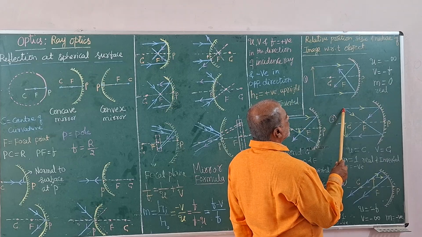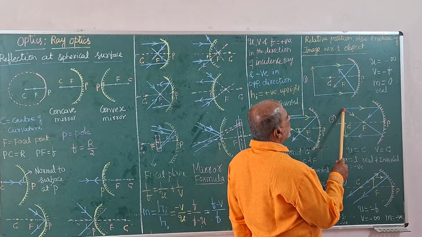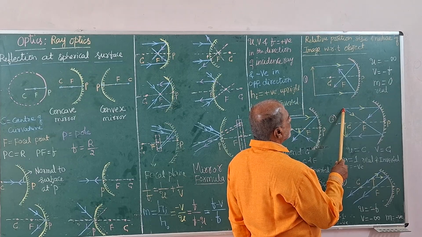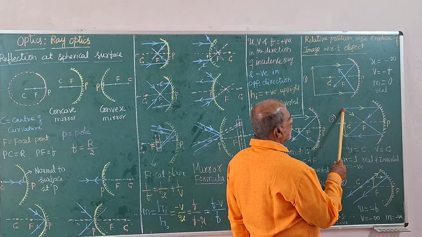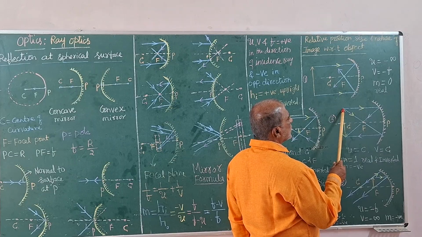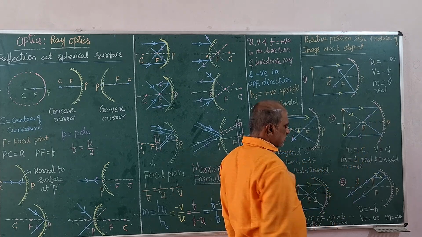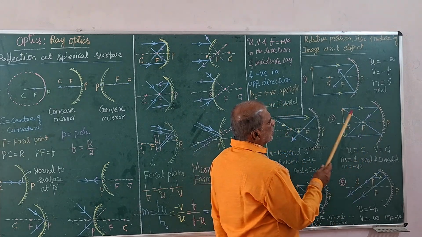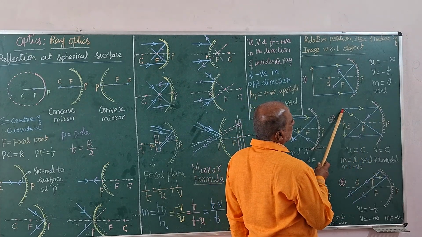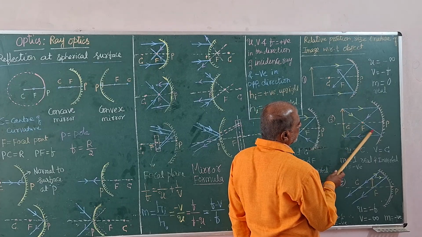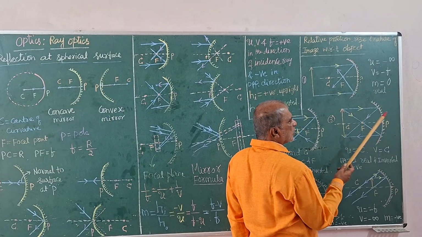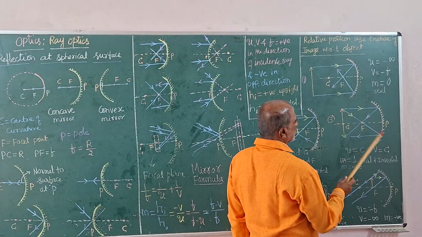I will take only a point on the tip of the object. From there, I will consider any two rays. This is one parallel to the principal axis, and one more ray that is passing through the point here. You take any two rays, either this or this, like this.